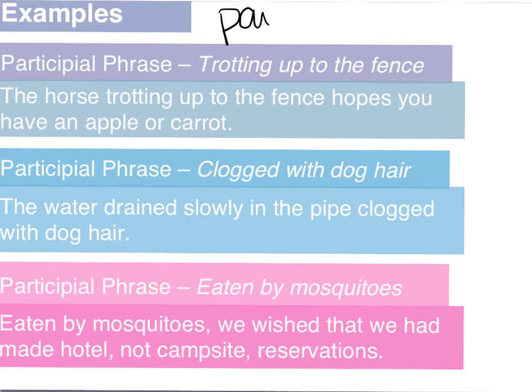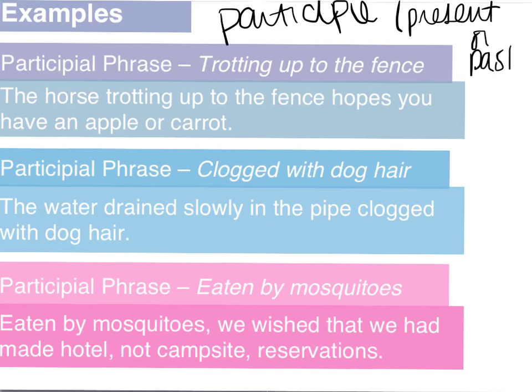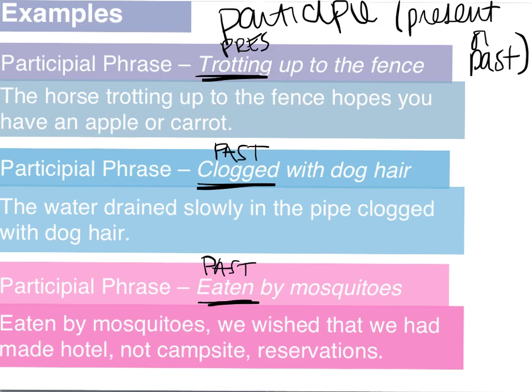We're looking primarily for the participle, and we're looking for present or past here. So let's take a look at all our verbs. We've got trotting, which would be our present, clogged would be past, and eaten would be past as well. And you'll see how these tie into the verb that you use in the actual sentence.